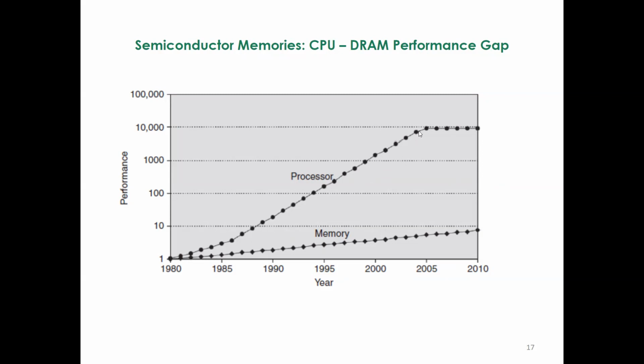Of course, you can see the flattening here that started happening around 2002, 3 or 4, when the improvement in processor performance could no longer be realized simply by increasing the clock speed of your processor, because increasing the clock speed meant more heat was dissipated, since the heat dissipated by your processor is directly proportional to the clock frequency of your processor.